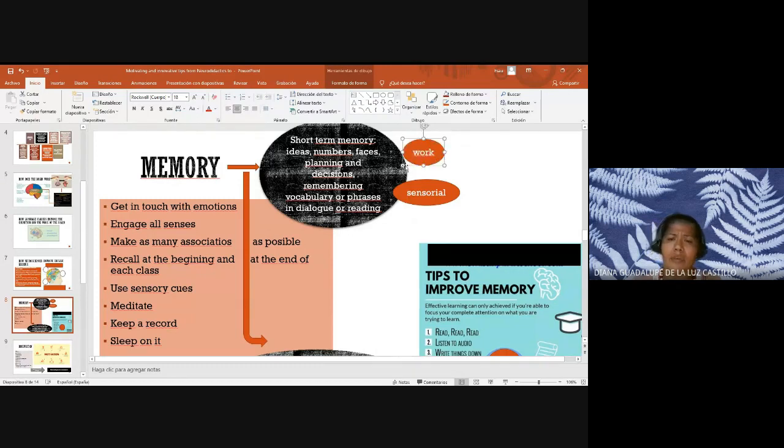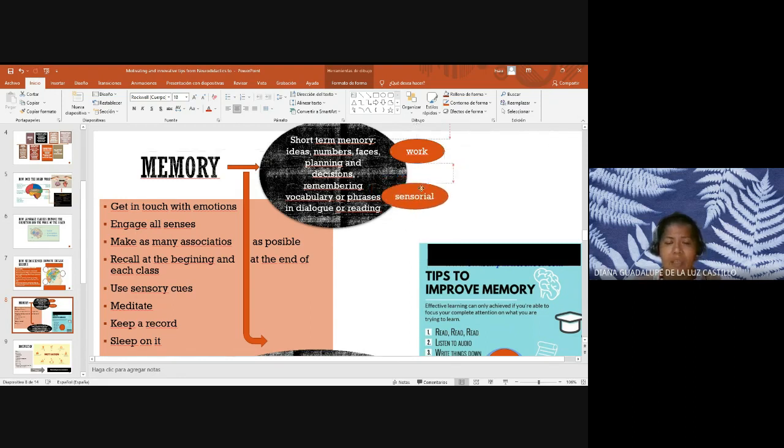What is the work memory about? It's a short-term memory that students need to remember numbers, telephone numbers, what they're going to do in their agenda, and possible decisions they can take. But if we implement this type of activities too that involve numbers, faces, ideas, and decisions, they're going to improve their work memory. There's another type of memory called sensorial memory.